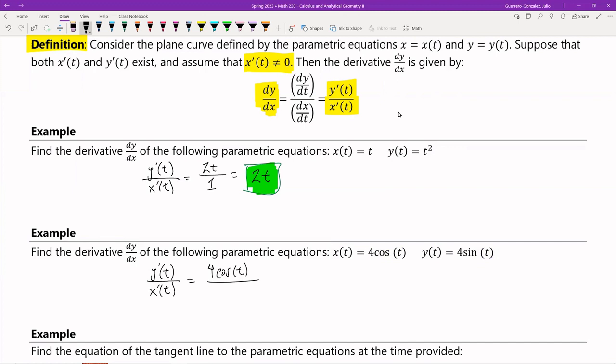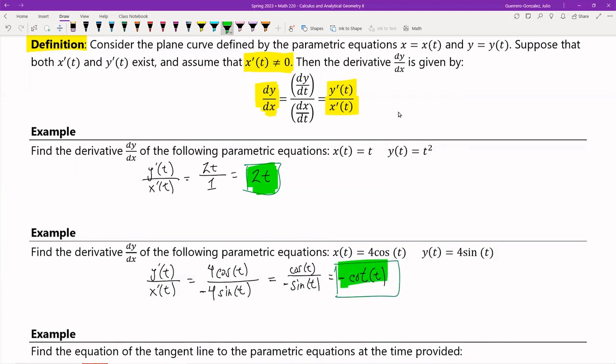The derivative of cosine is minus sine, so 4 sine t, negative this time. Then all of this sort of semi-divides out, and you get left with cosine of t over negative sine of t, and that is negative cotangent of t. And we are done.